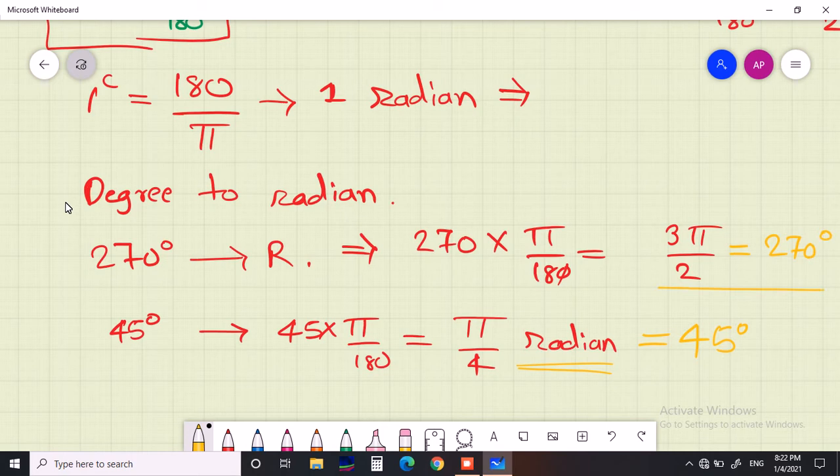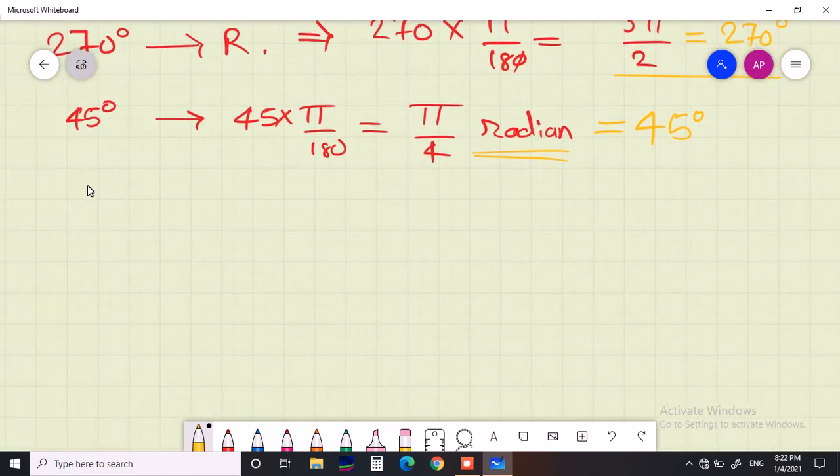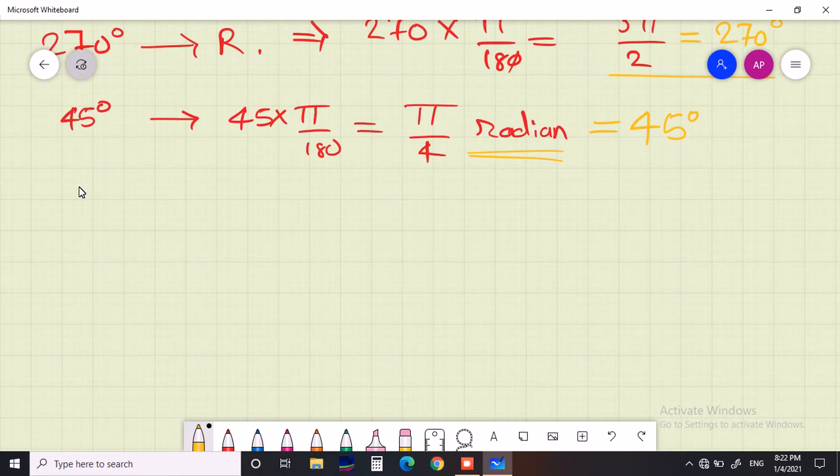One simple point you have to remember is to multiply whatever degree you want to convert by pi by 180.